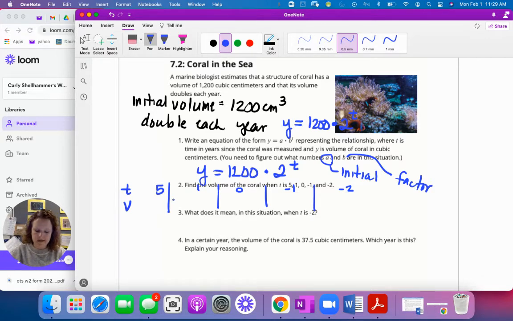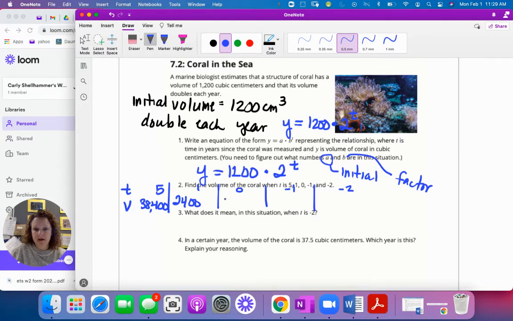So I'm typing in 1,200 times 2 raised to the 5th power. Pretty big number. 38,400 cubic centimeters. Now we do the same thing, but it's 1,200 times 2 raised to the 1st power. That's just doubling, 2,400.